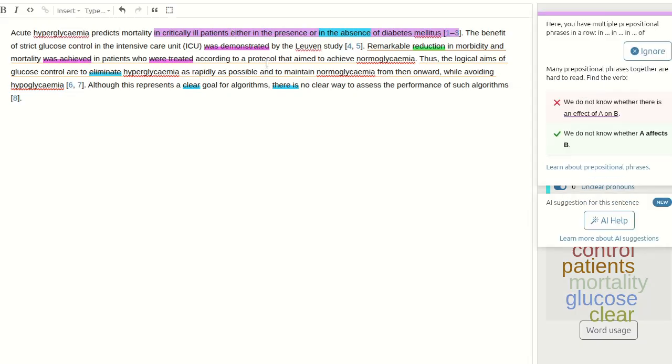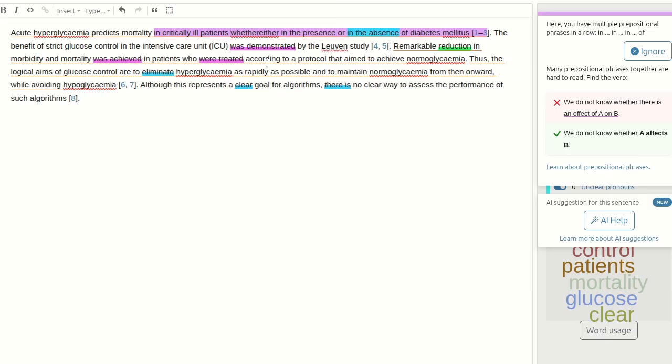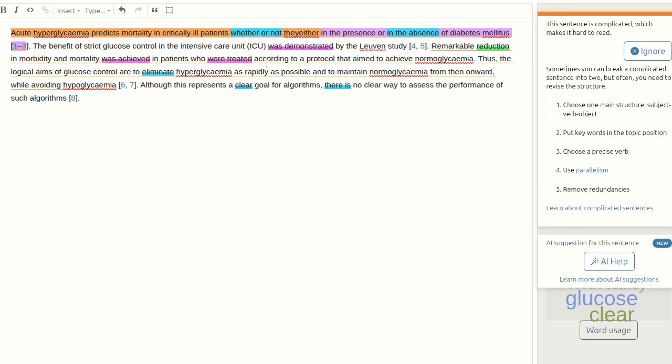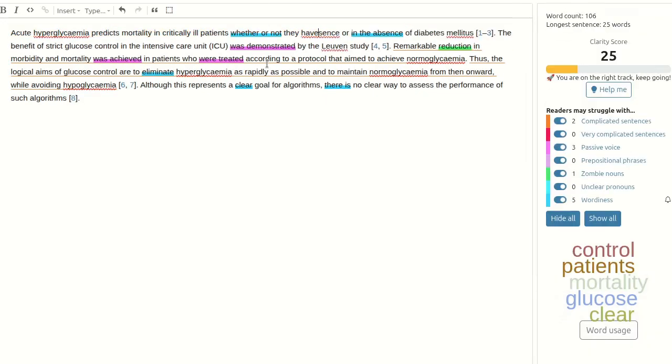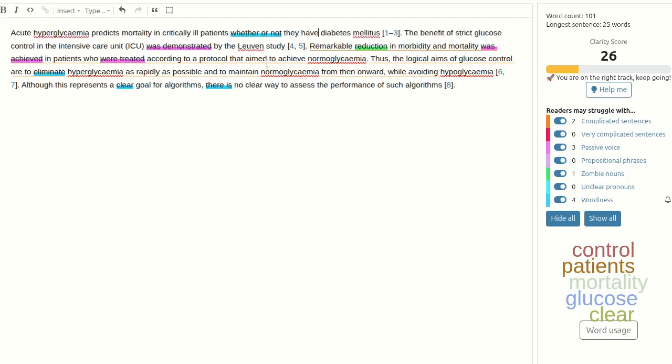In critically ill patients, do you think that the patients might become the main thing, that the patients are the most important thing here? And if we notice that, then we can create an either-or relationship that's much less wordy, that's focused on the patients. You could say whether or not they have diabetes mellitus.